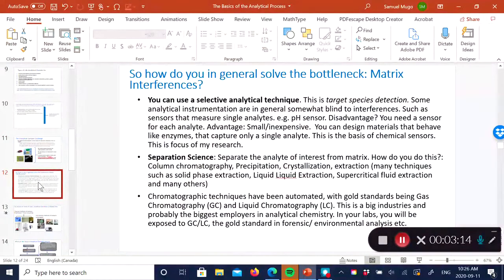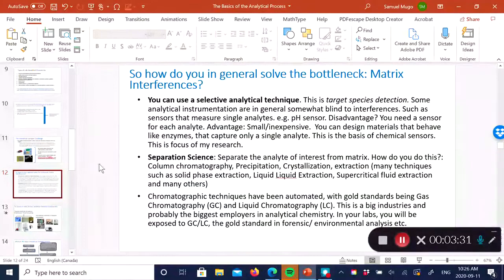So how do you go about solving this bottleneck, the matrix interference that is getting in the way of detection? Now I propose two major approaches to do this.